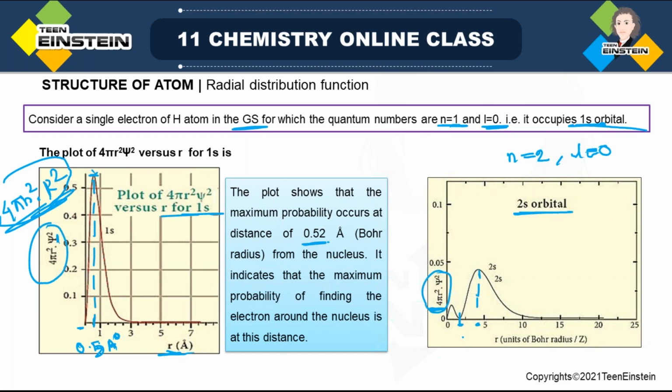How to get a node and when you will not get a node, all this we will see later. But the important point here is that the 2s orbital looks different. Here the maximum is for the second hump. You might think it is here, because this point is also a maximum, but this is higher, right? So this is for the 2s orbital.